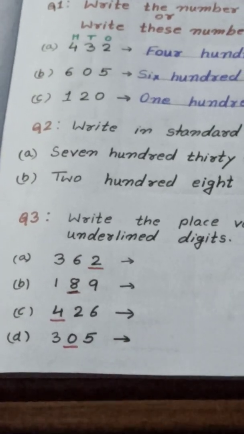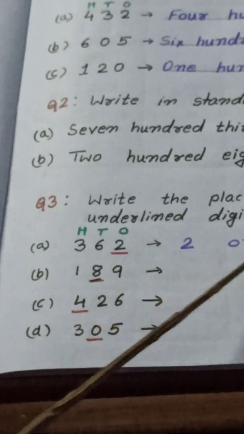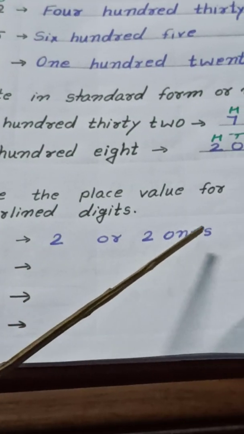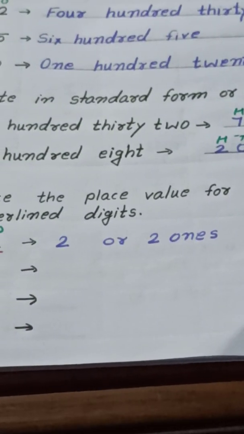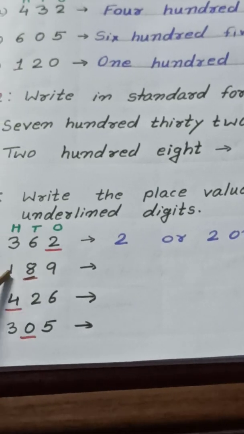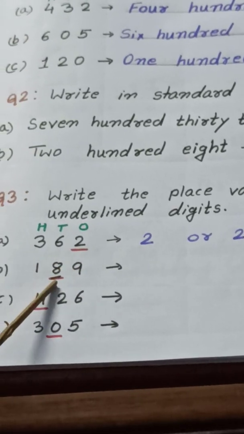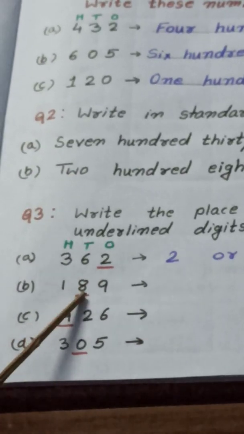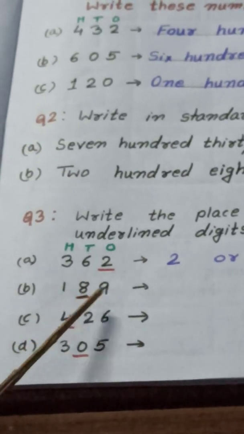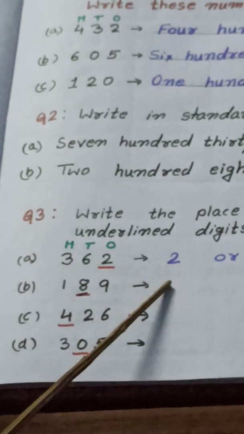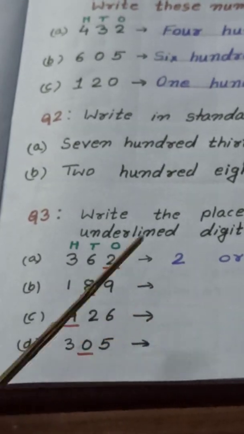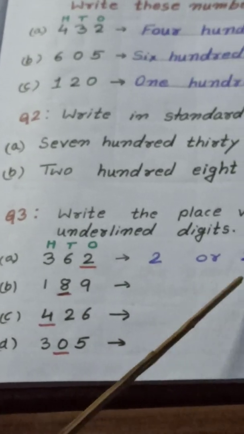You can write the answer in 2 ways: either 2 or 2 ones. Let's see the second question, 189. We have to find the place value of 8. Easily you can say 8 is at the tens place. So what do we write here? 80. Or you can write 8 tens.